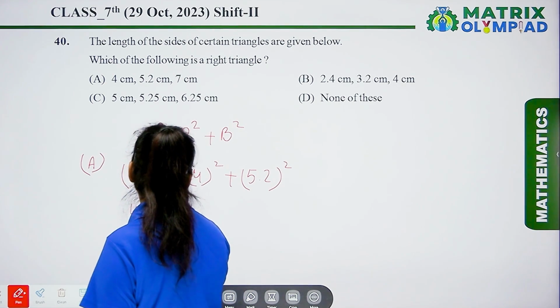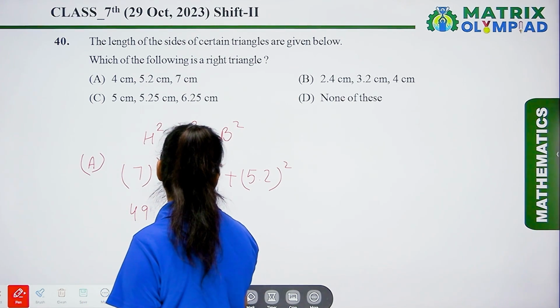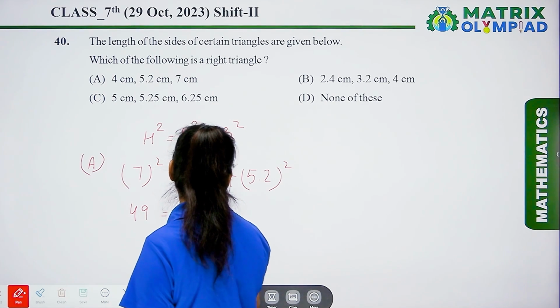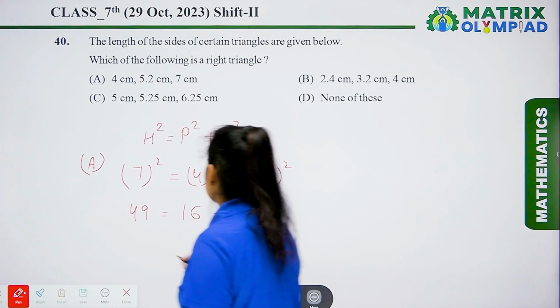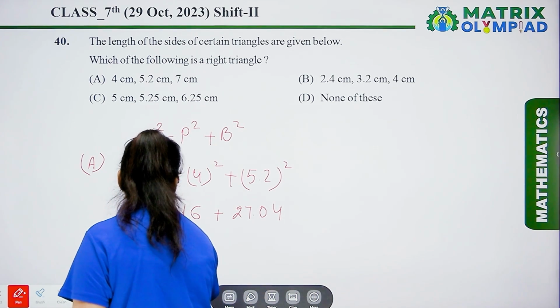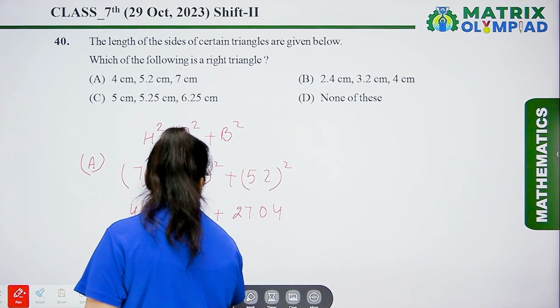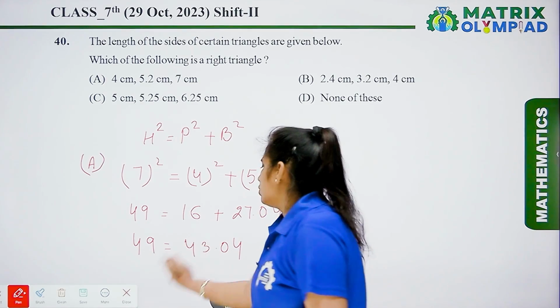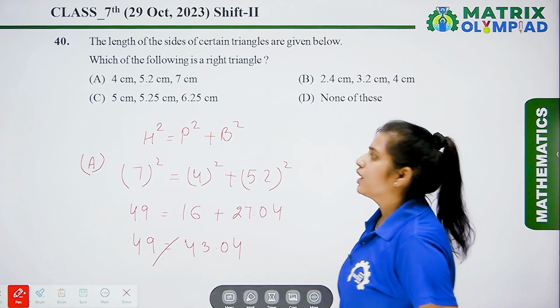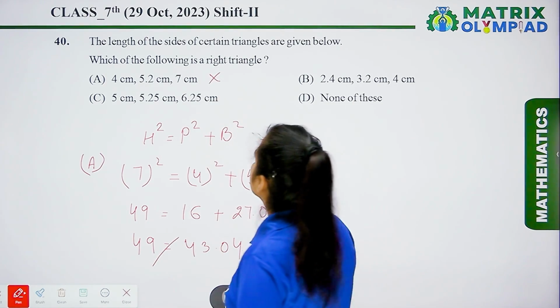So it is 49, 16 plus, so here we get, so LHS is not equal to RHS, it means option A is not correct.